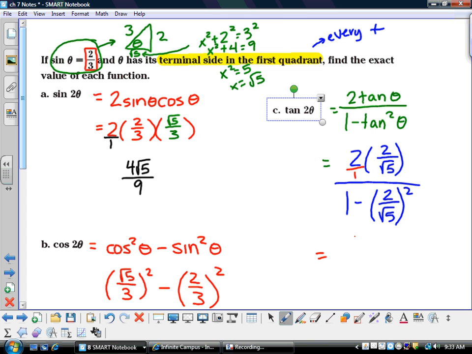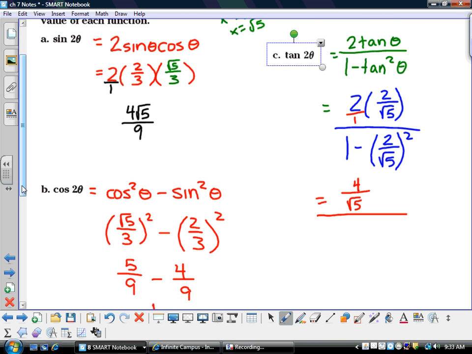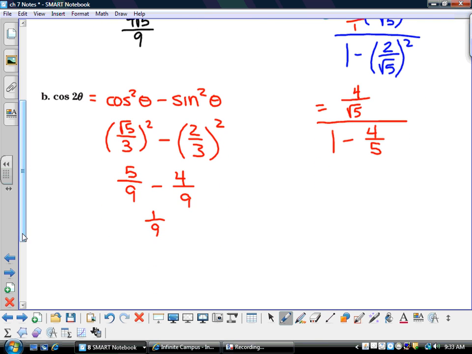On the top of this fraction, I have 4 over the square root of 5. I'm going to rationalize that in a minute. Over 1 minus 4/5. So that's 4 over the square root of 5 over 1/5.